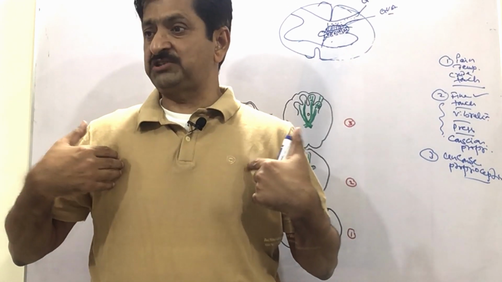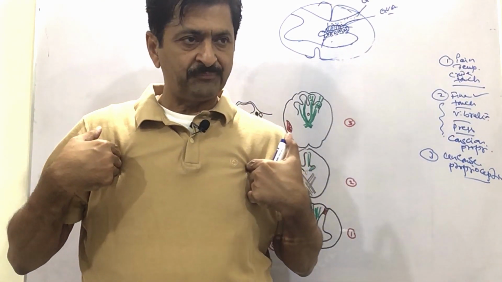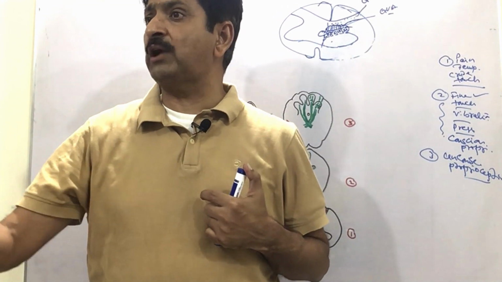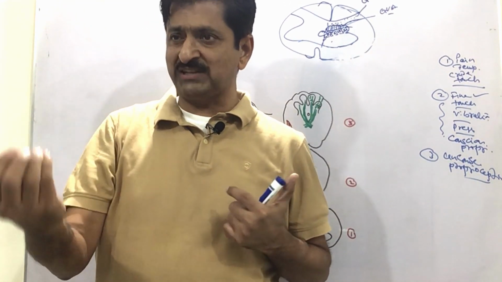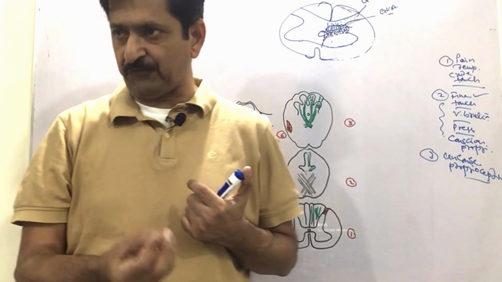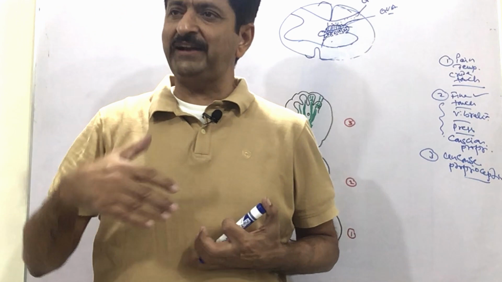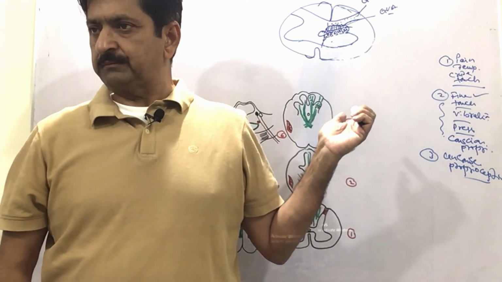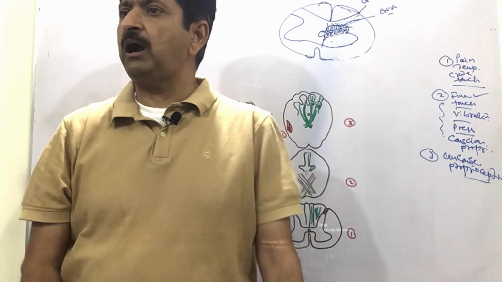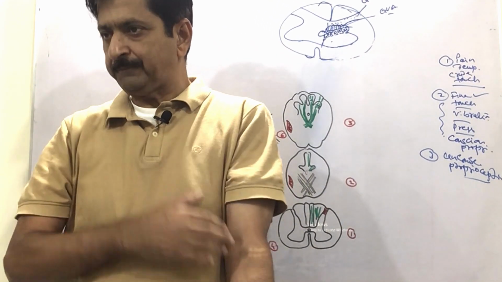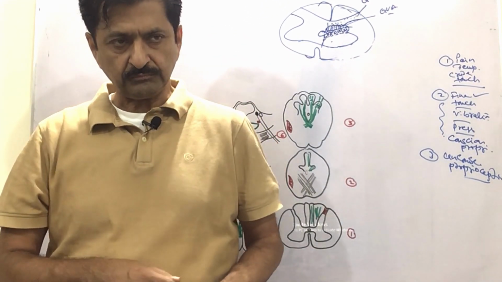There are three categories of general somatic afferent, or general somatic sensory modalities, which will be generated from the surface and transmitted through the fibers or neurites of the neurons. Which neurons? General somatic afferent neurons, which form the nerves, and they will finally be handed over to the spinal cord. At which segments of the spinal cord depends on where and which dermatome they are generated.